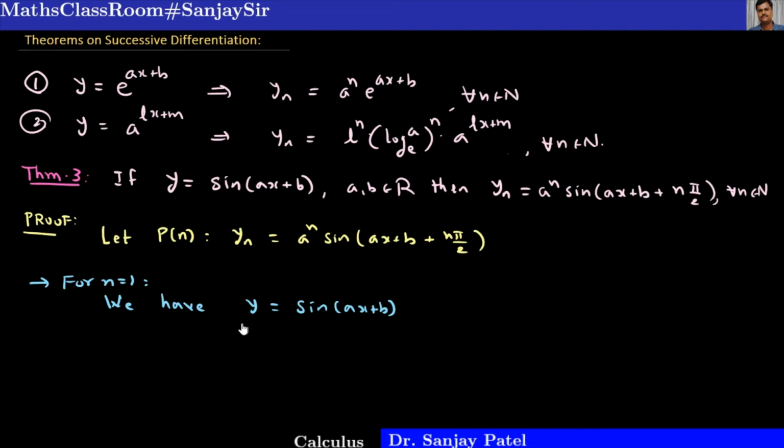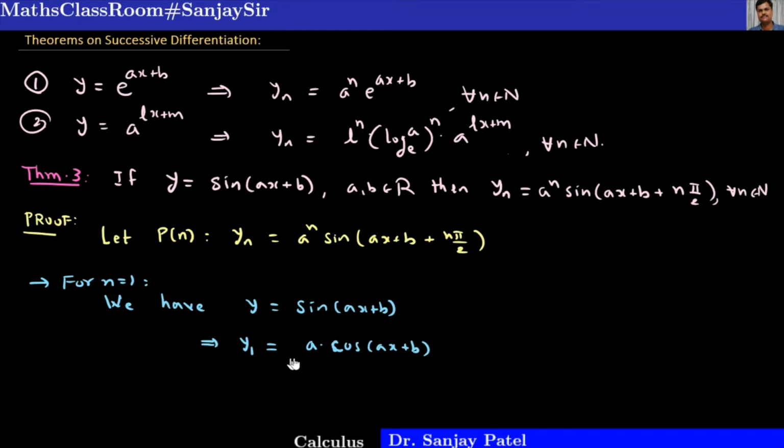Differentiating with respect to x, we get y1, that is dy by dx, as a into cos of ax plus b. The derivative of sine theta is cos theta, and again we differentiate theta, that is ax plus b, and its derivative is a. So you will get this.